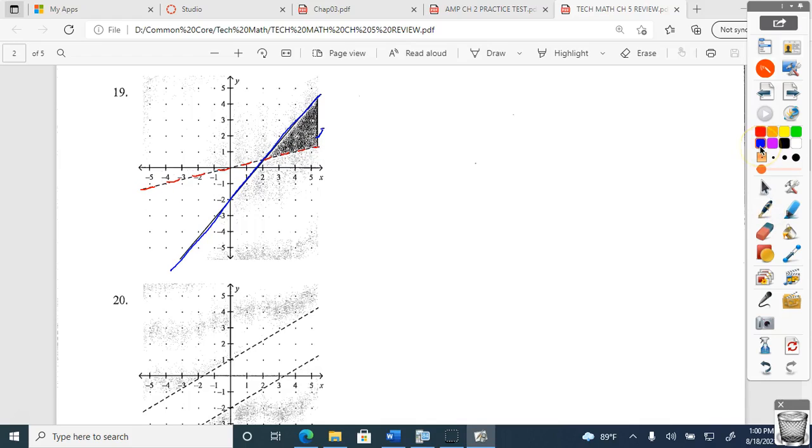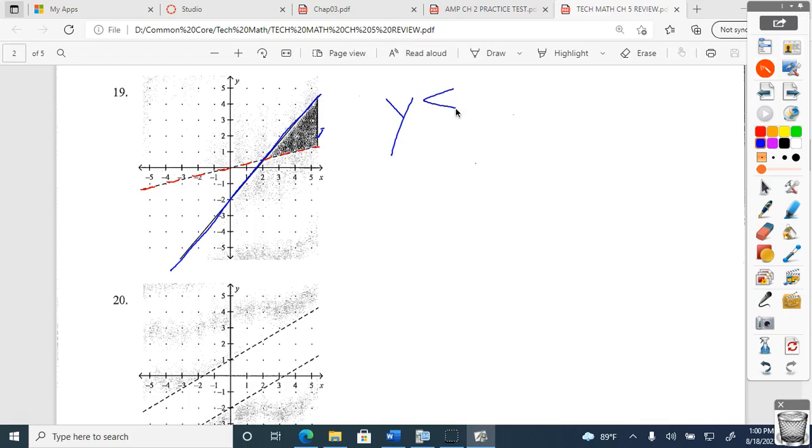So for the blue one, we're going to have y. The blue line, is it shaded above or below the blue line? It is above up here, but we're talking about the entire blue line. Look right here. Is that shaded above the blue line? No. So everywhere is shaded below the blue line. Everybody see that? So I know my sign has to be what? Less than, because it's below. So y is less than. Is it equal to?